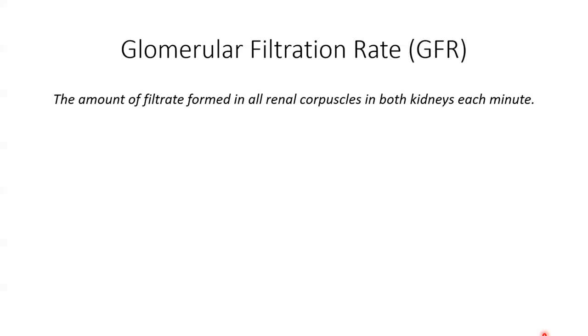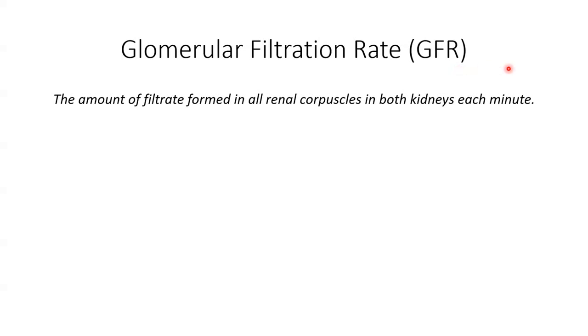In adults, the glomerular filtration rate, or the GFR, is 125 millilitres per minute in males on average, and 105 millilitres per minute in females. The greater filtration rate in males is simply due to their larger blood volume, so a larger amount of blood is actually going to the kidneys to be filtered.